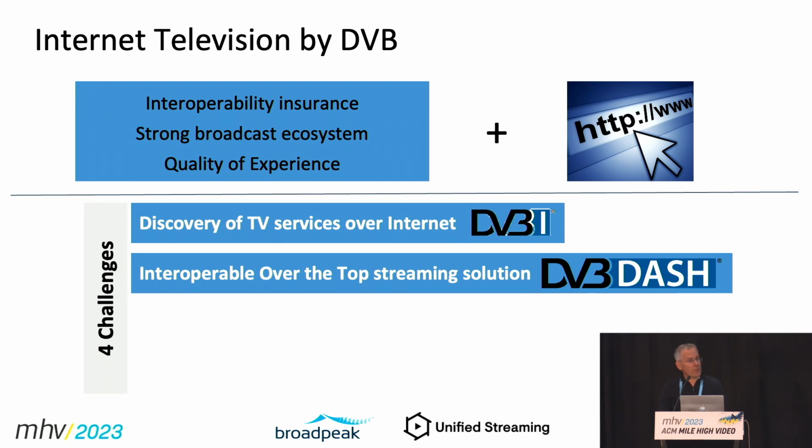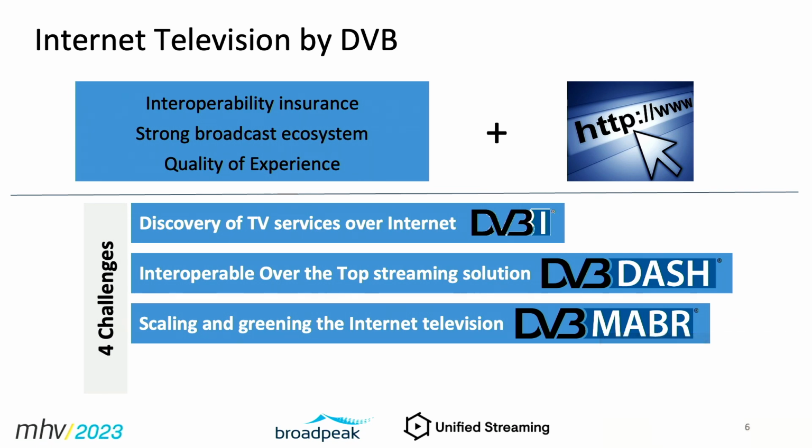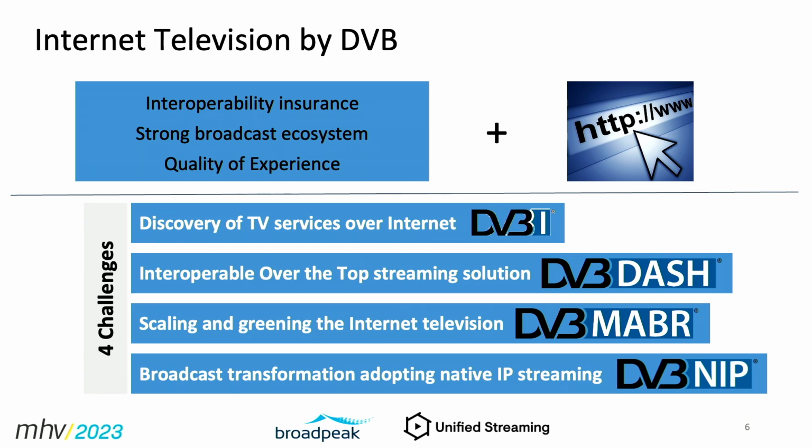So it's very close to MPEG-DASH. It just constrains MPEG-DASH, according to the requirements I just presented in the previous slide, in order to keep MPEG-DASH implementable and ensuring more interoperability in the DVB ecosystem. Scaling and greening the internet television thanks to MABR, and we're going to see why. And then finally, transform completely the broadcast solutions that we have today in order to become fully IP native, sorry.